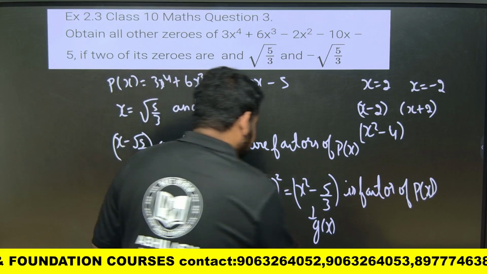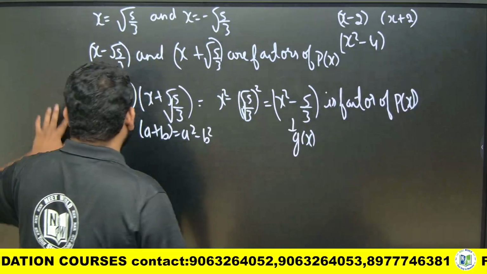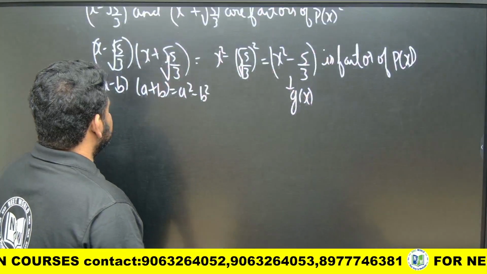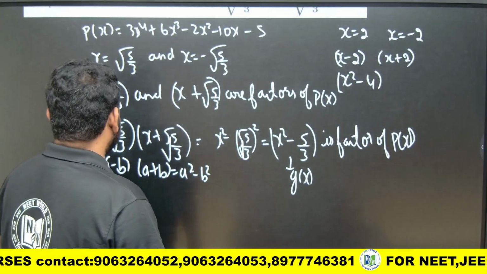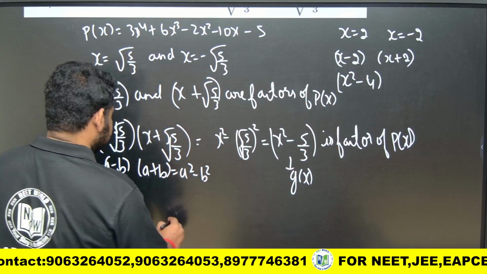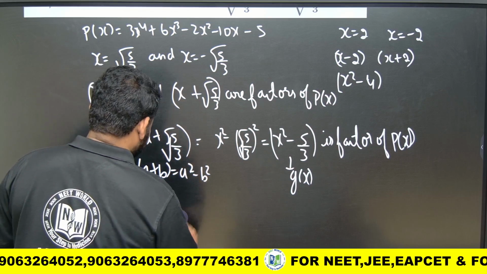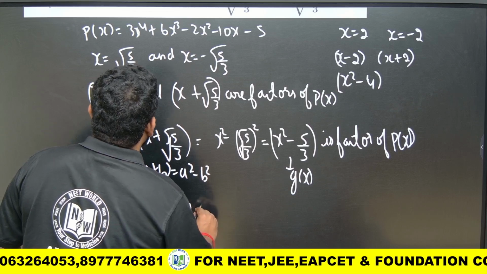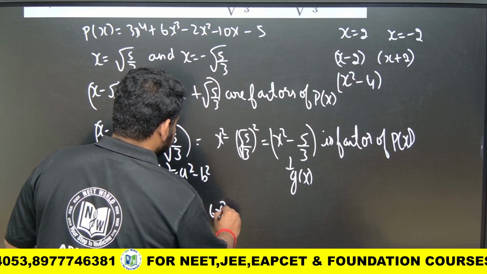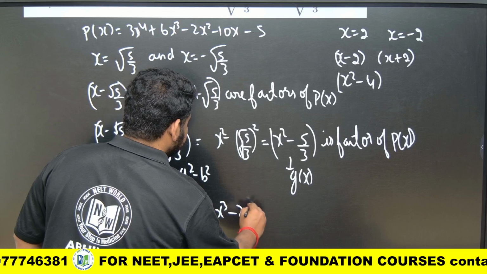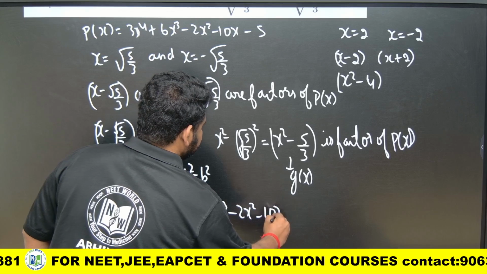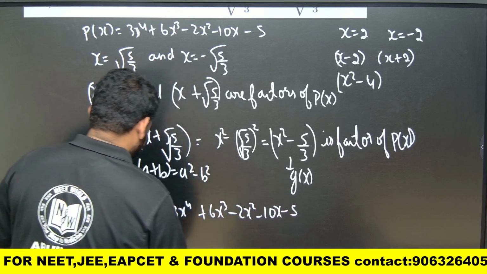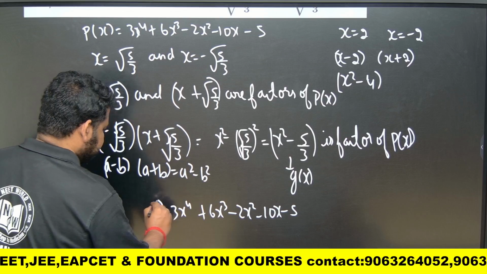Okay, so let us solve this. What is the p of x that is given? 3x to the power of 4 plus 6x cube minus 2x square minus 10x minus 5. Now this we have to divide by g of x.